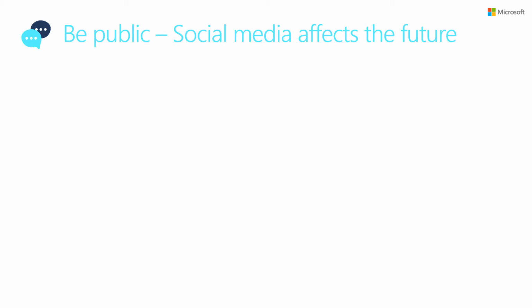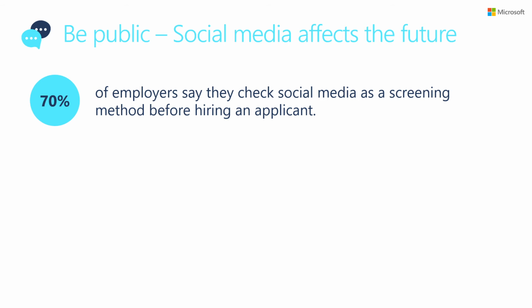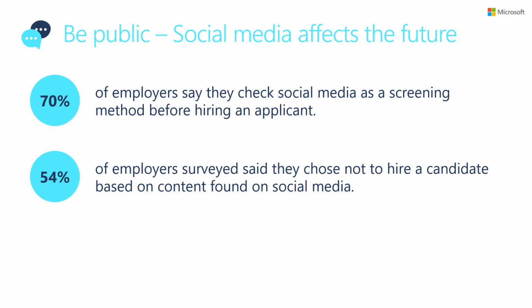So how social media affects the future? 70% of employers say that they check social media as a screening method before hiring any applicant. 54% of employers surveyed said they choose not to hire a candidate based on the content found on social media.